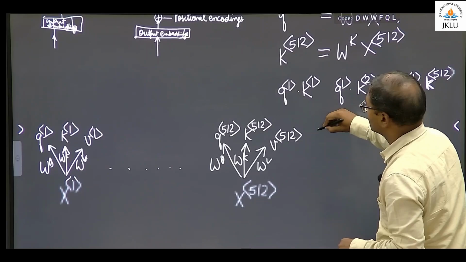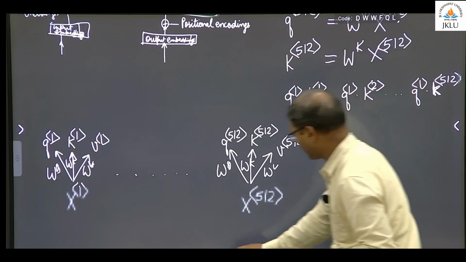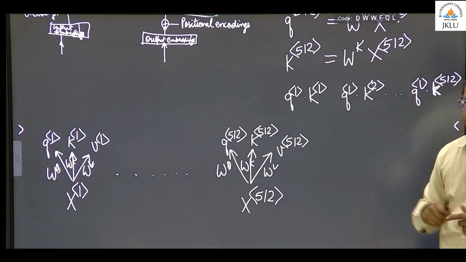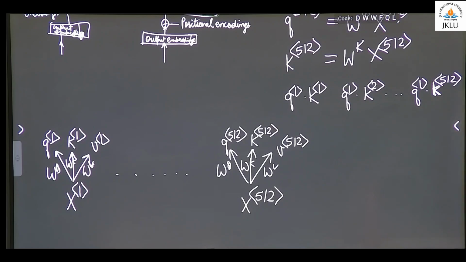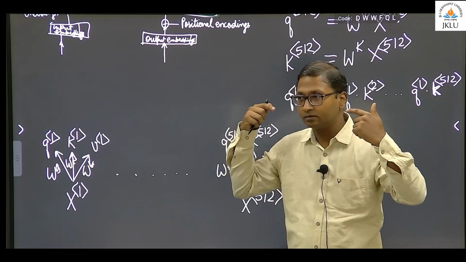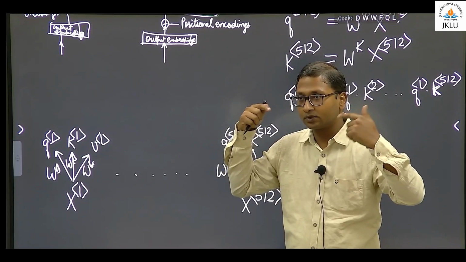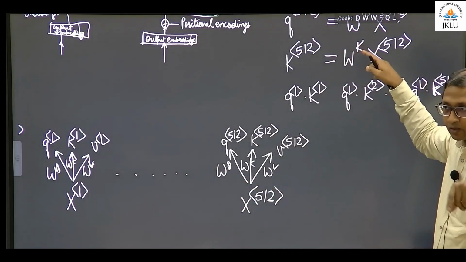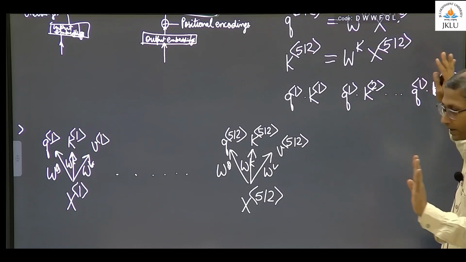Once I have taken these dot products, I normalize. I have to divide by under root dk, but I am keeping that aside for the time being.